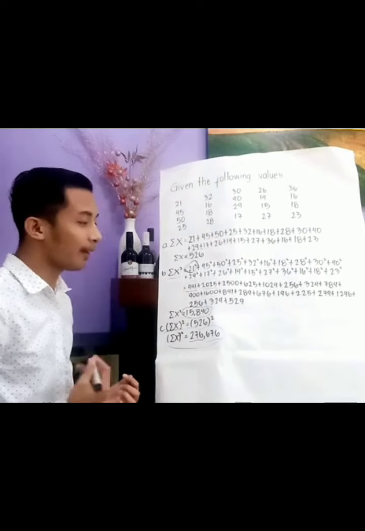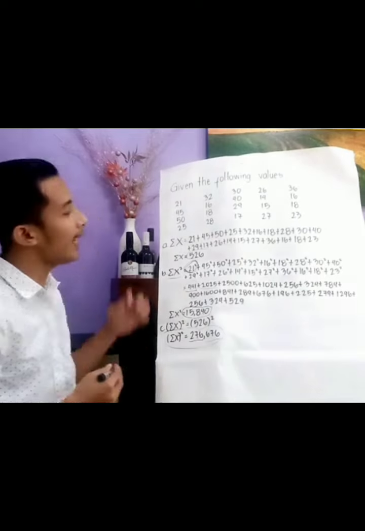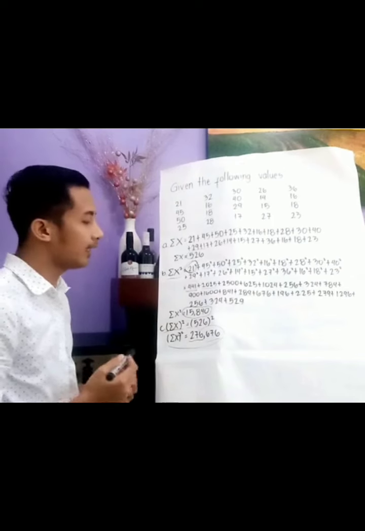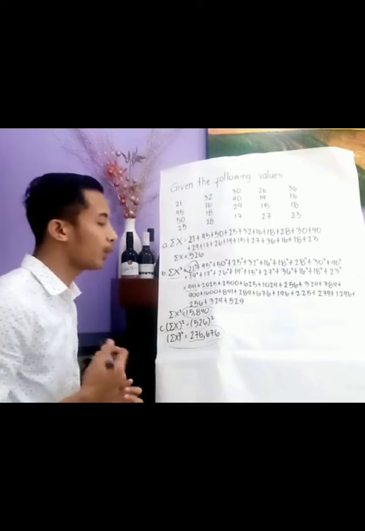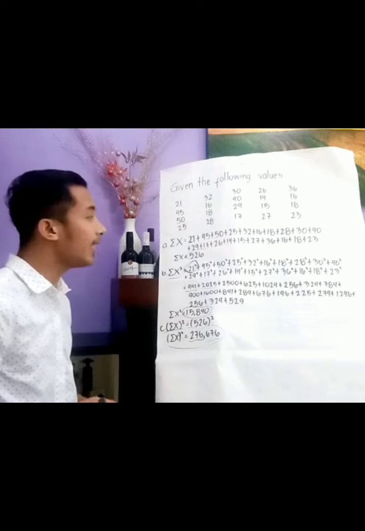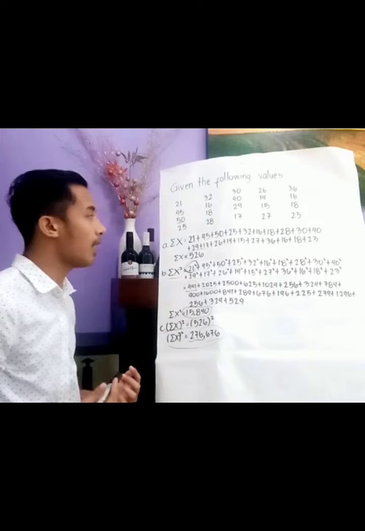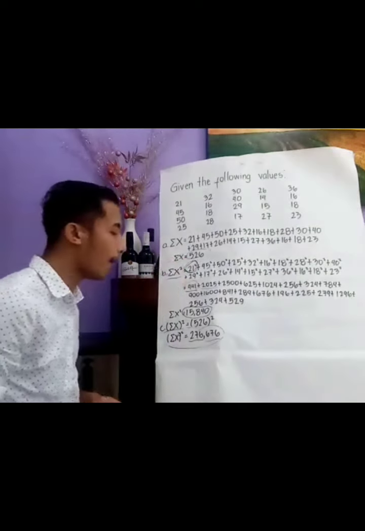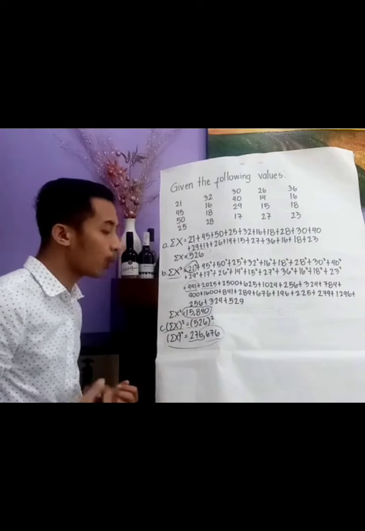So, move on to the square of a summation. The square of a summation of a variable, say, x, is the value as a result of squaring the summation of the variable. Since the result of our summation of X is 526, ato na siyang squared.